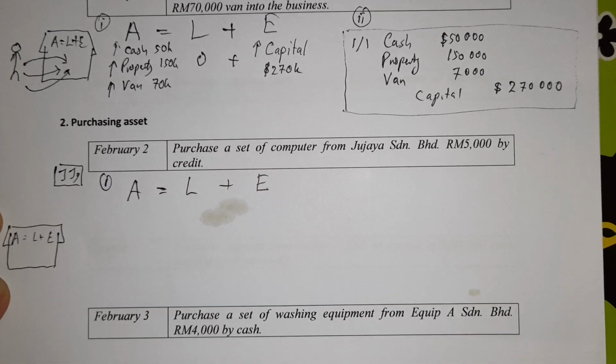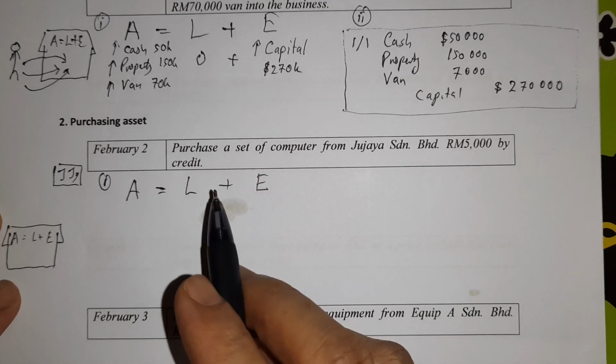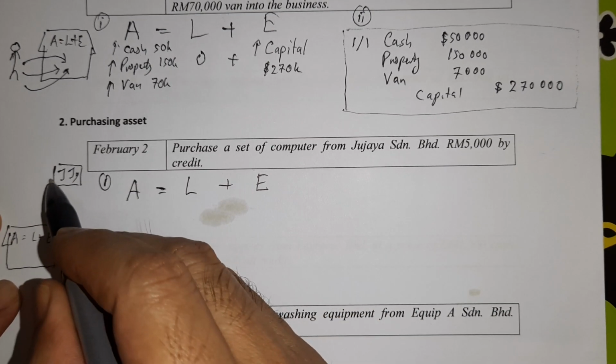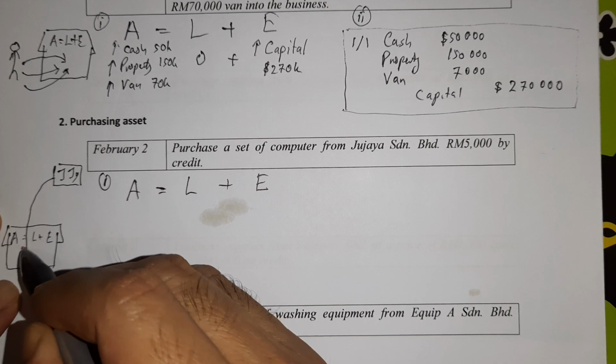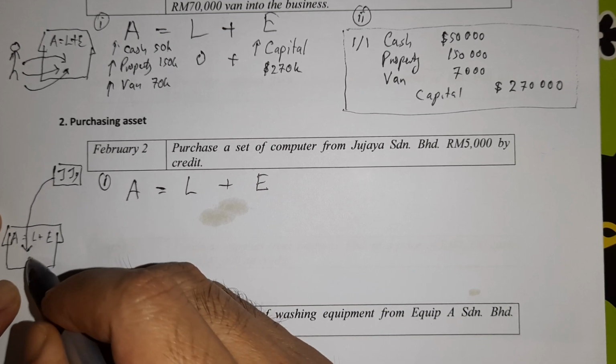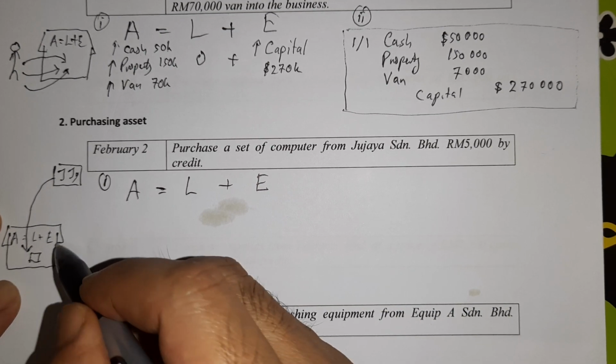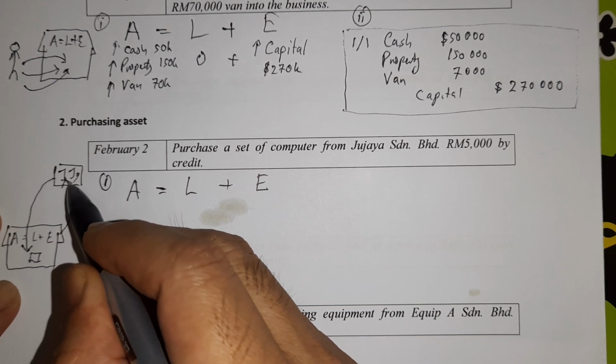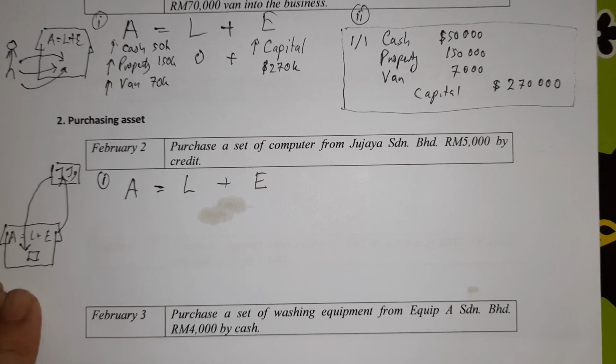Okay, so what happened when the business purchased a set of computer? The supplier will send the computer. Something goes into the business. And the business has to pay something to Jujaya.